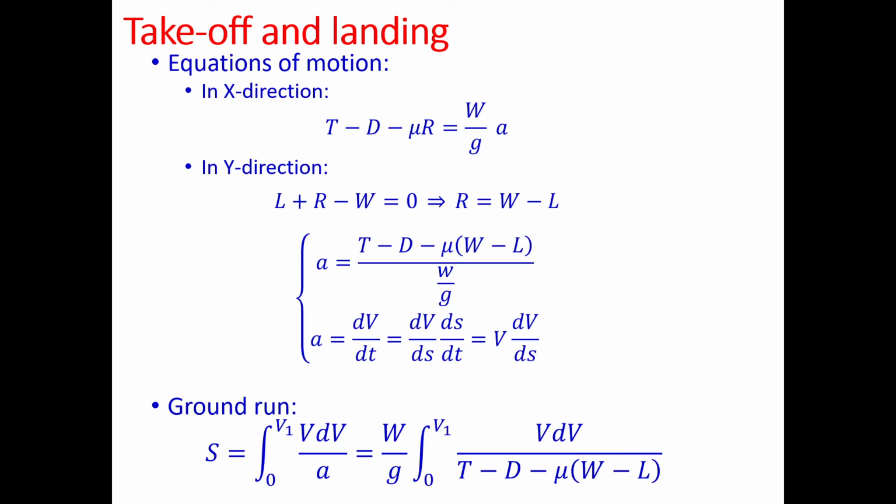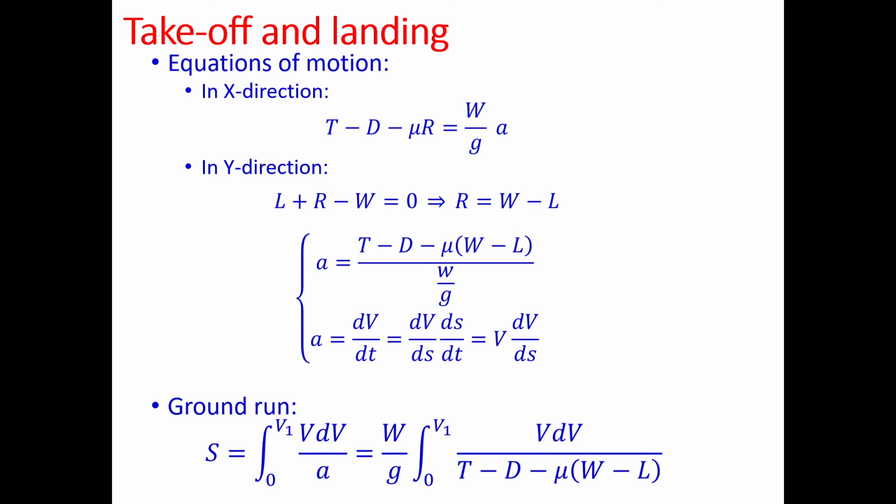Okay, in the Y direction, there is no movement in the Y direction yet. So we only have lift, the normal force, and the weight, right? So essentially your normal force and all of them is equal to 0. So your normal force must be equal to weight minus lift.